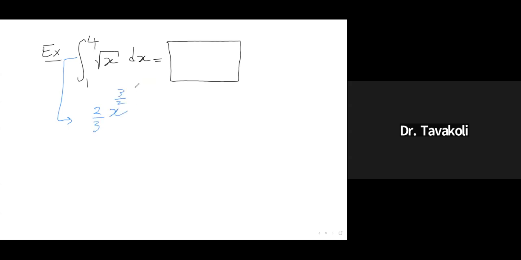And now this should be evaluated at those limits of the integral. What does that mean? It means that the antiderivative that we have just got should be evaluated at 4. So 2/3 times 4 to the power of 3/2 minus 2/3 times 1 to the power of 3/2.